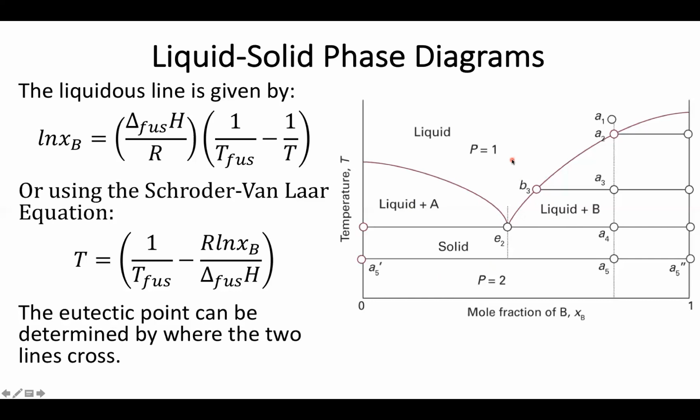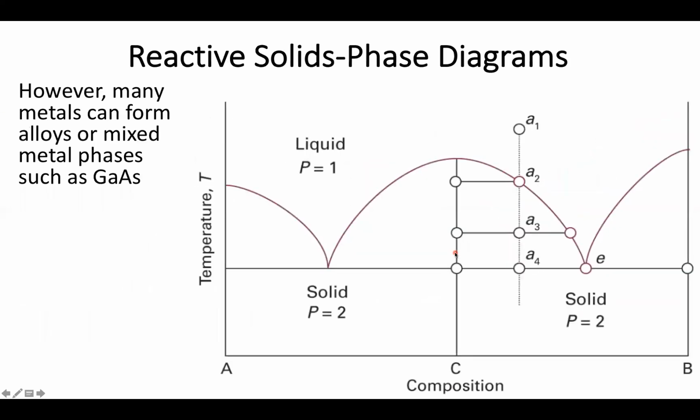However, one of the things we occasionally run into is the slight difficulty that not all solids are going to just form their pure species. You may end up with a lot of alloys, especially mixed phases or alloys when working with metals.